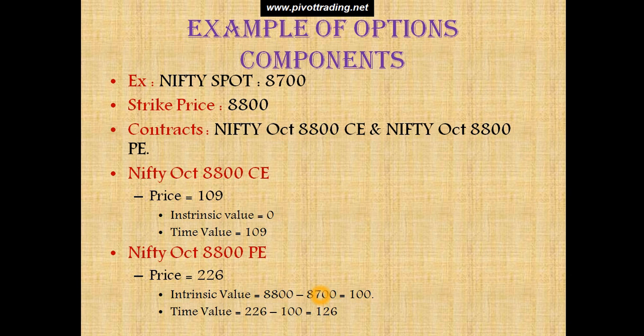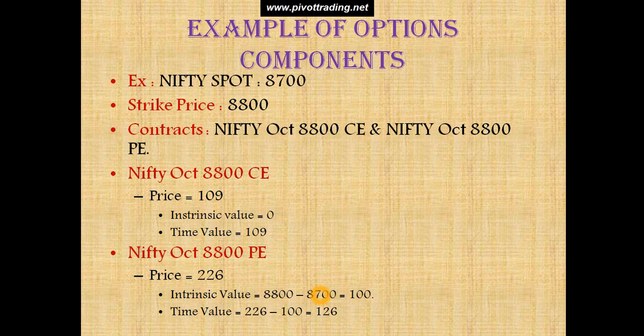So here we are taking an example of Nifty options. To understand this example, we have set a few parameters. Let's say Nifty is currently trading at 8700. It means the Nifty index, or the Nifty spot, is currently at 8700. We are going to deal in options whose strike price is 8800. Now, as I mentioned before, there are two types of options. One is called call and one is called put.